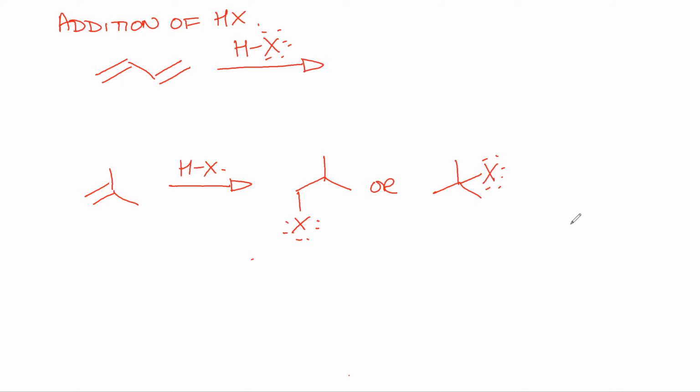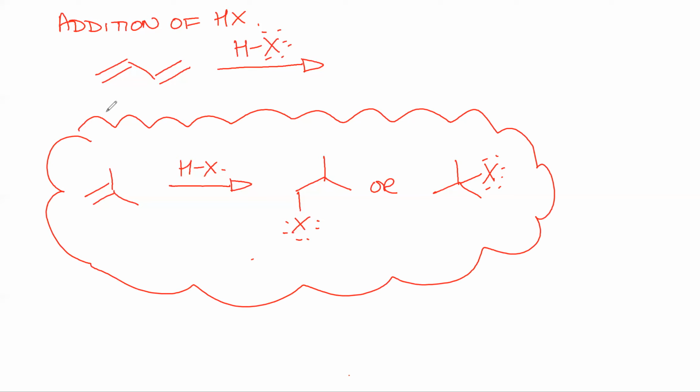Okay, so we did this at the start of the term, right? This little part here, A or B. If we take an alkene and react it with HX, do we form A or B in this example here?